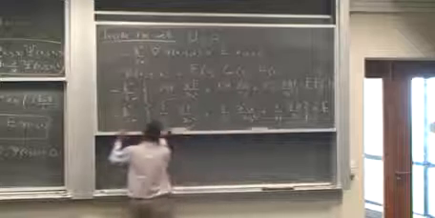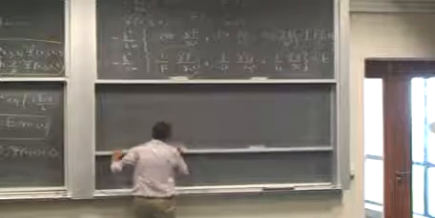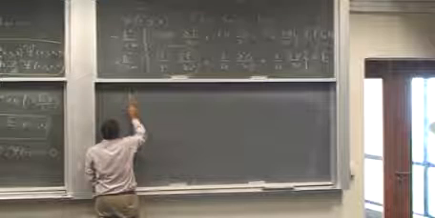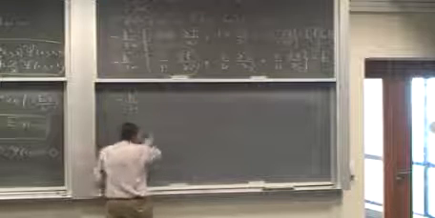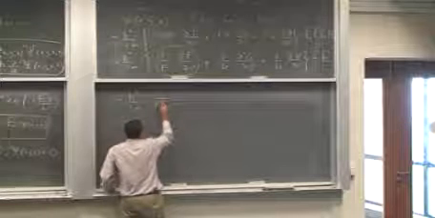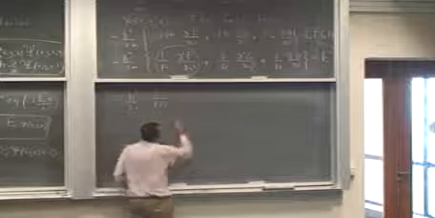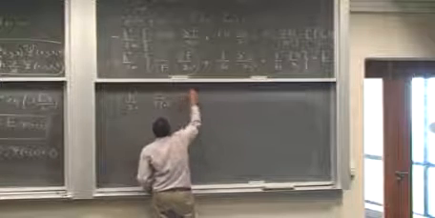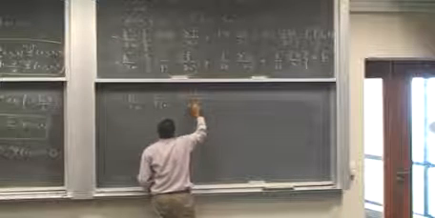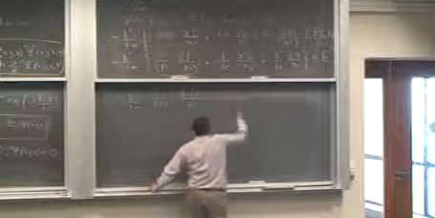So this means that minus h bar squared over 2m, 1 over f, which is a function of x, d squared f, which is a function of x, over dx squared must equal a constant c1.